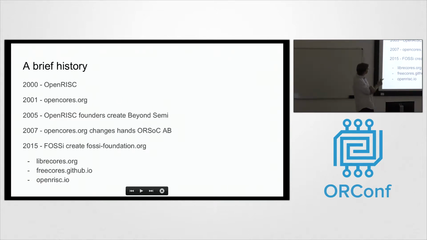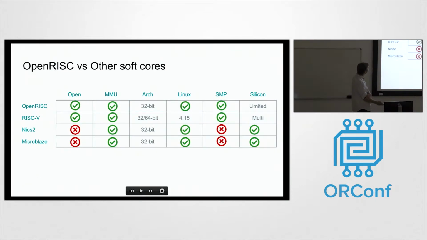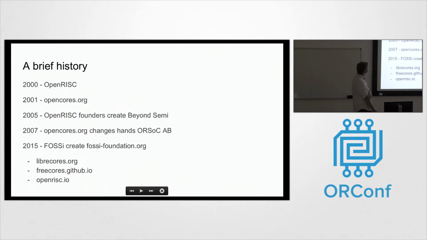But the founders left and created a company called Beyond Semi, and they just left OpenRISC, and that's kind of why it stagnated from 2005 to about 2015. There have been a lot of people working on it. Julius came along and wrote a new core, but mostly it's been academic stuff.